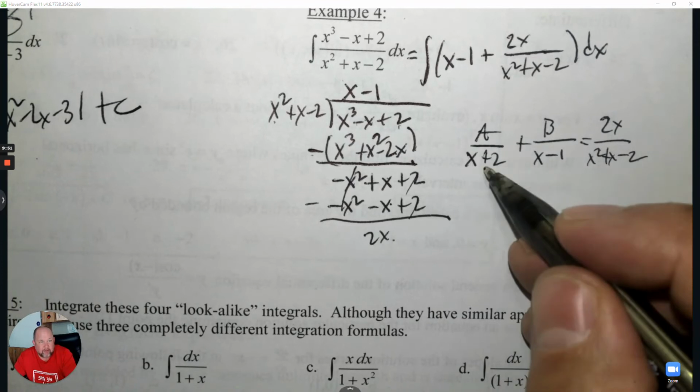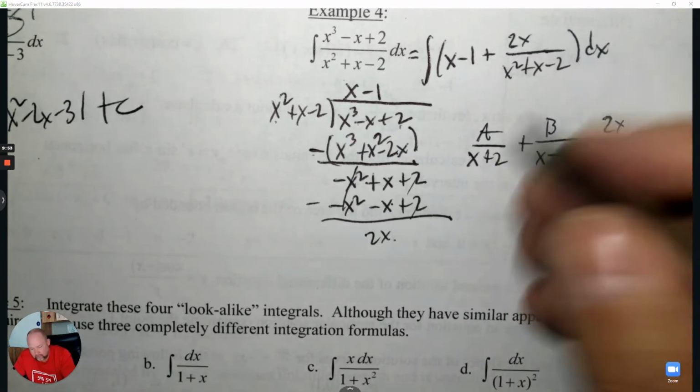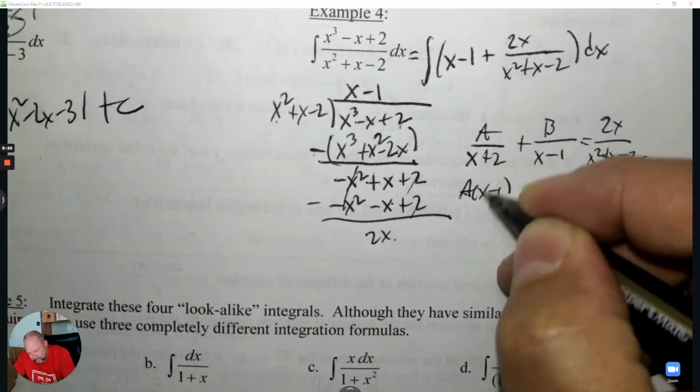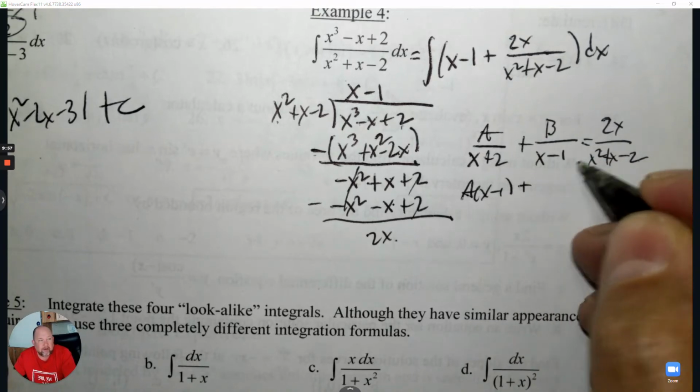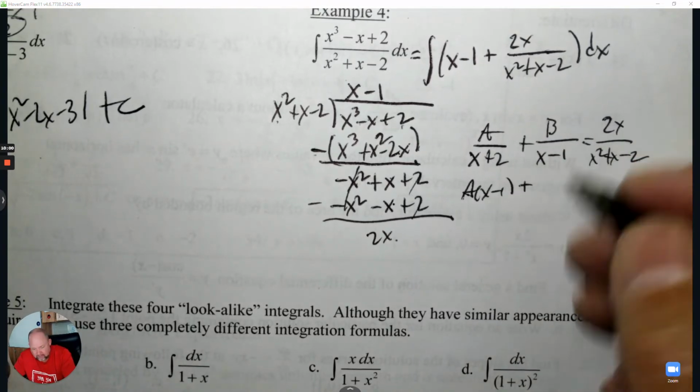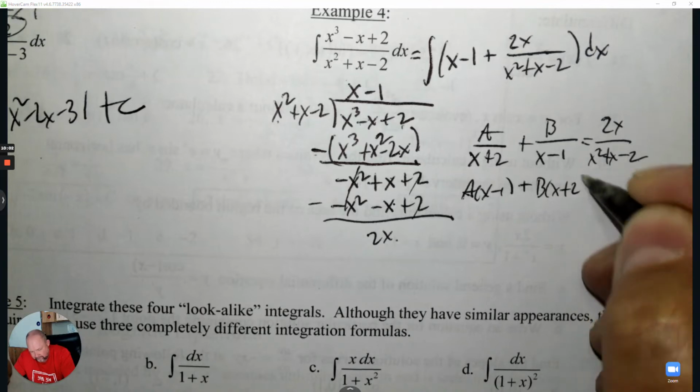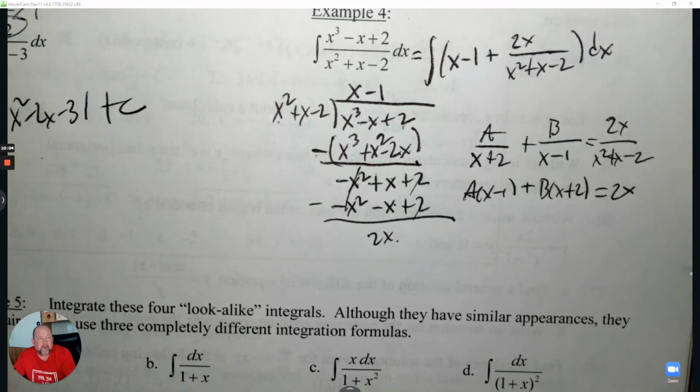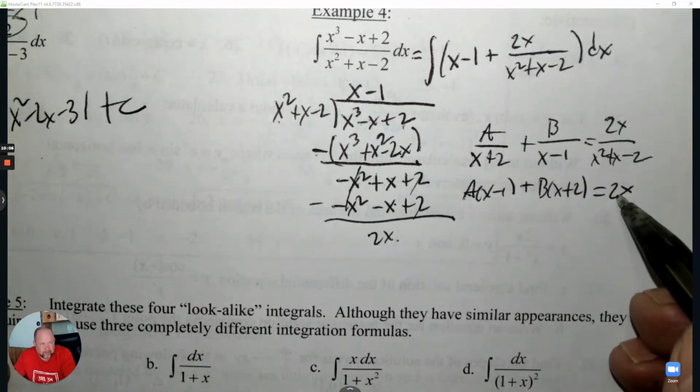So to get common denominators, I'm going to multiply by x minus 1. Here, I'm going to multiply by x plus 2 to get common denominators. And then again, I'm only going to focus on the numerator and make it equal to 2x.